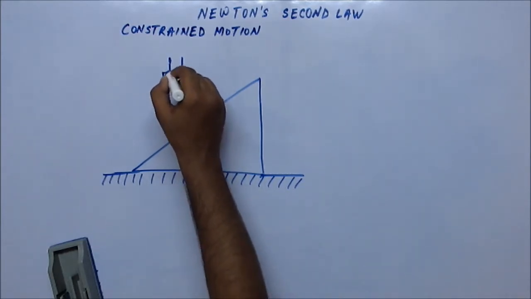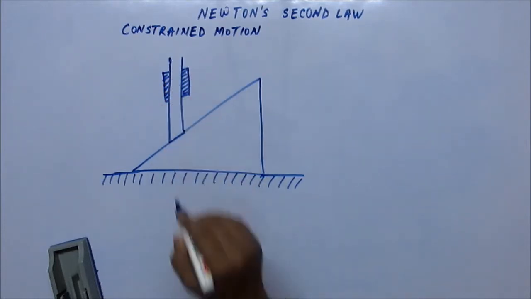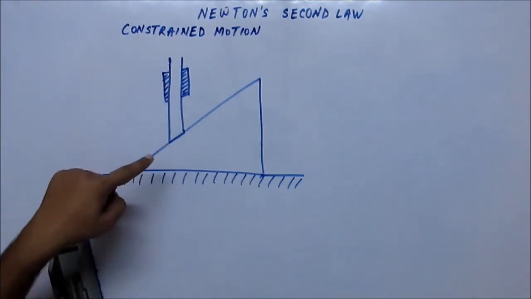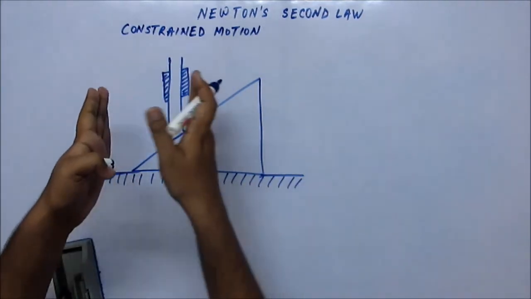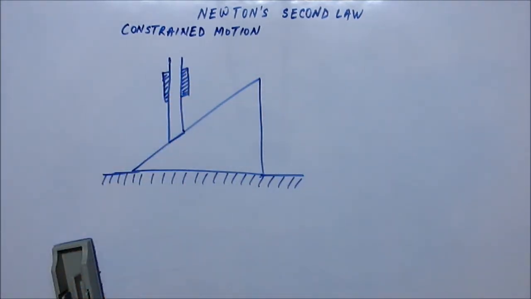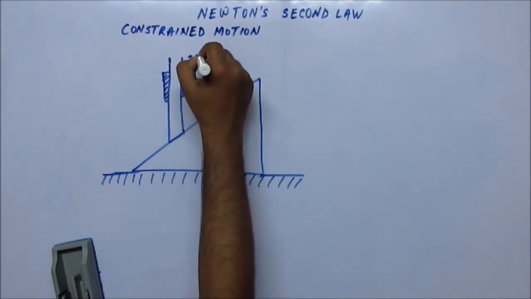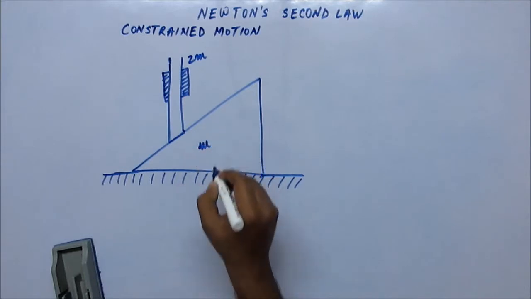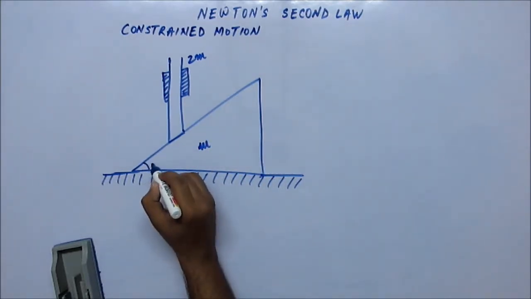And this column is allowed to fall down vertically. It is constrained to move in the vertical direction. There's a wall like this, and that allows the column to come only vertically downward. The mass of the column is 2m and the mass of the wedge is m. The column can come down only vertically downward.